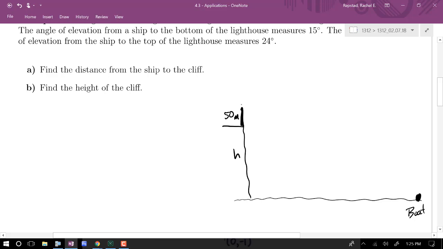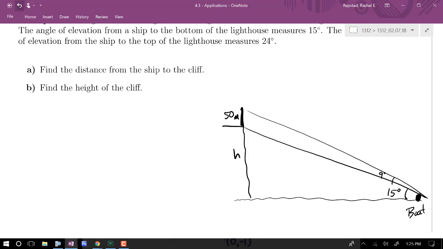And the angles that we know are the angle from the boat to the top of the cliff, which is 15 degrees, and then the angle from the boat to the top of the lighthouse, which is 24 degrees. We can then infer from that that this little sliver of an angle in between is 9 degrees.